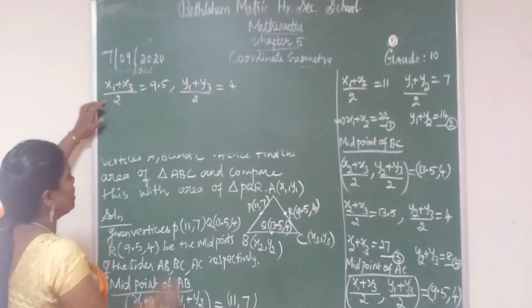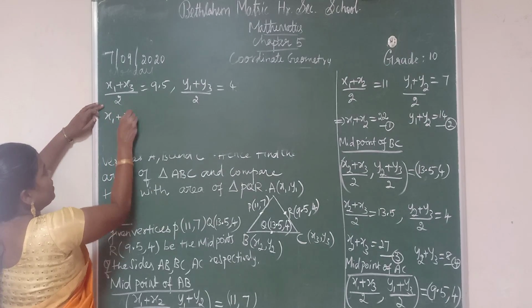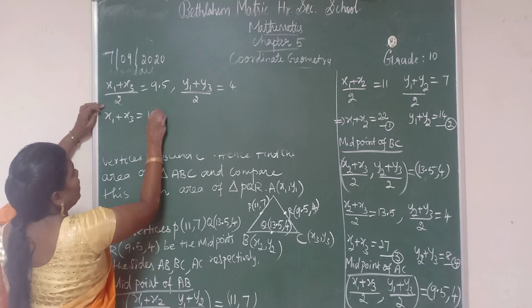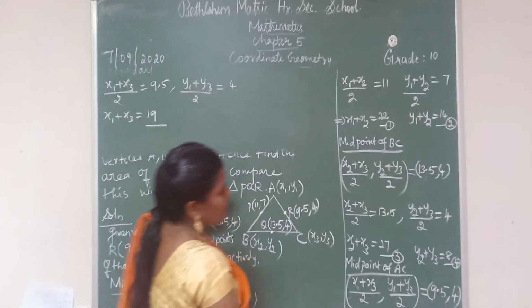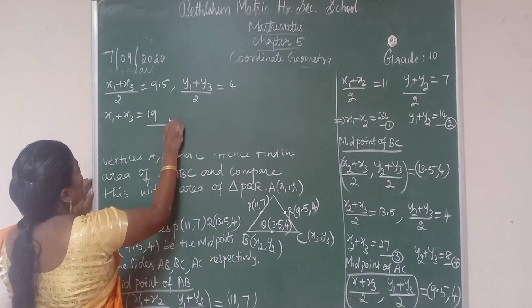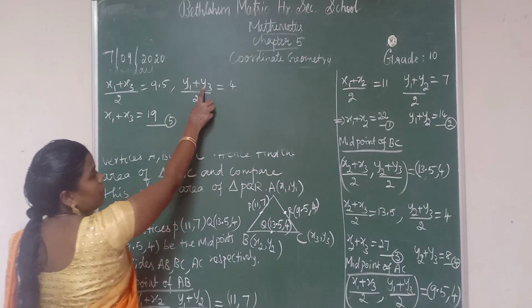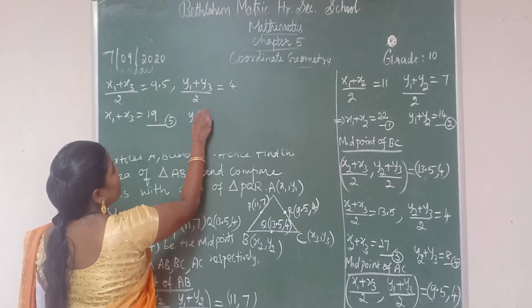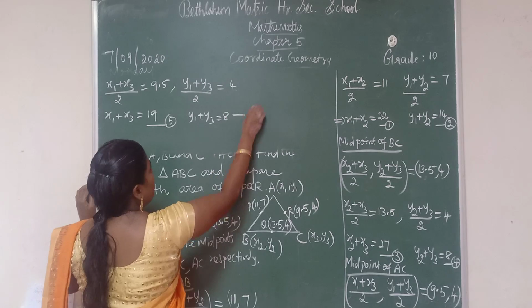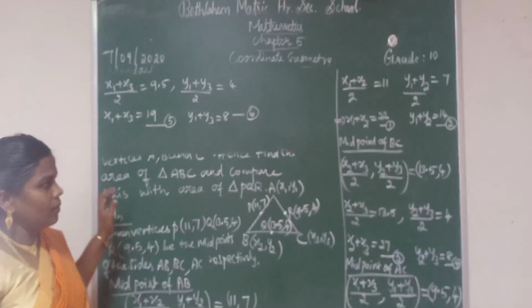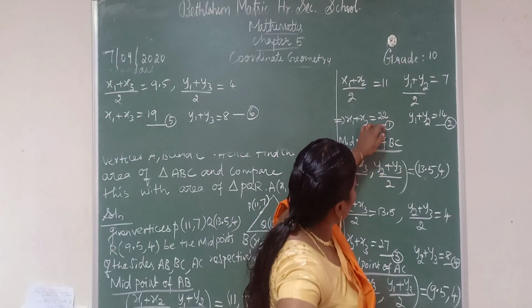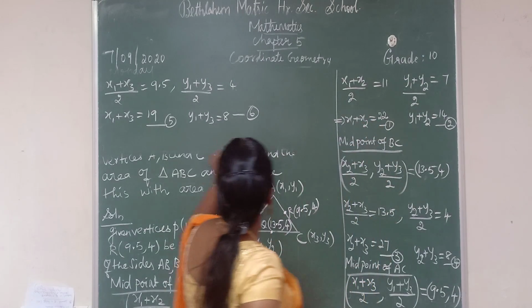Cross multiply it: x1 plus x3 is equal to 9.5 into 2, which is 19, equation number 5. Similarly, y1 plus y3 is equal to 2 fours are 8, equation number 6.